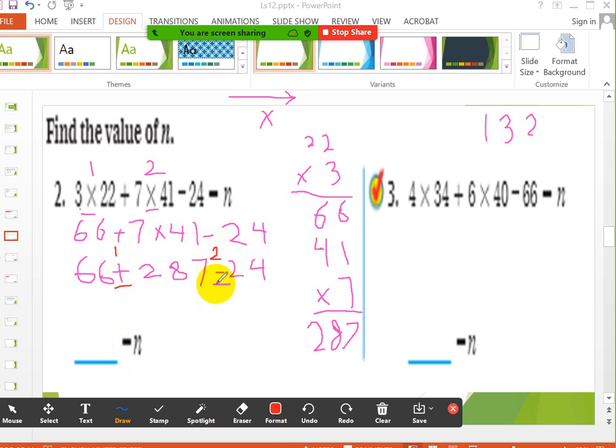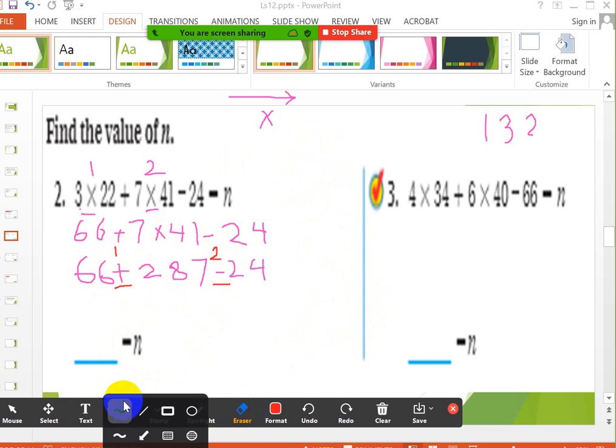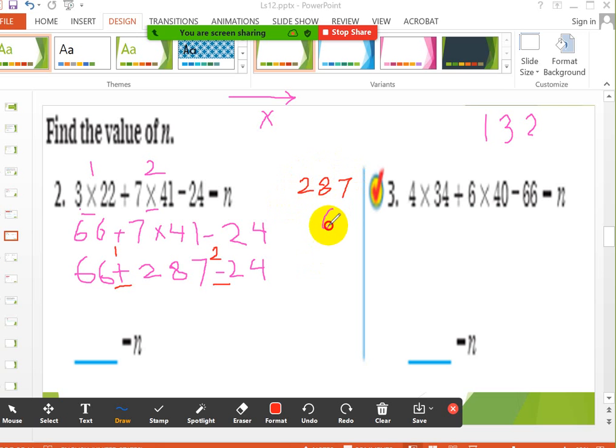Okay? So I have to add those numbers. Let's add 287. Thank you, Nora. And I want to add 66 to this number. Let's find the answer. 7 plus 6. 7 plus 6 equals what?